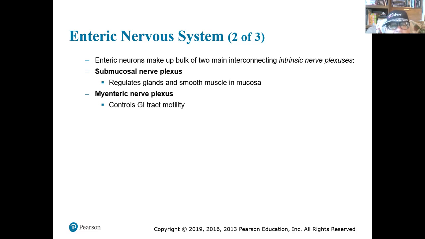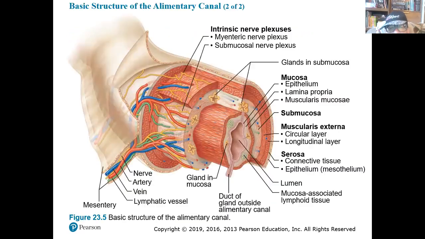So the enteric neurons make up the bulk of two intersecting intrinsic nerve plexuses. Intrinsic meaning they're inside of them. That's part of them. The submucosal nerve plexus. You already know that. Well, let's go back to show you the layers right here. Our main layers were the mucosa, the submucosa, the muscularis externa, and the serosa, or adventitia.